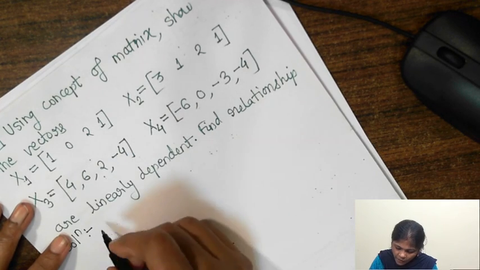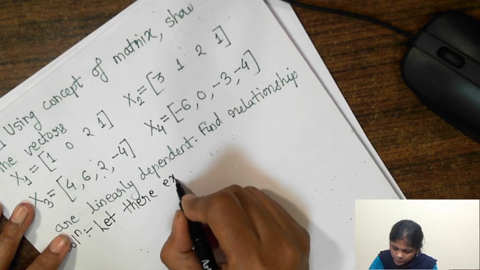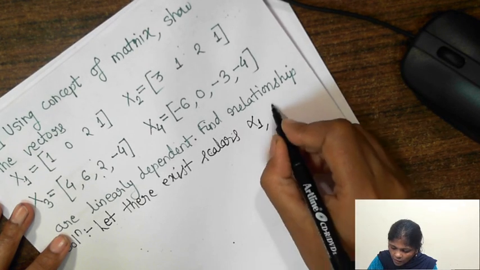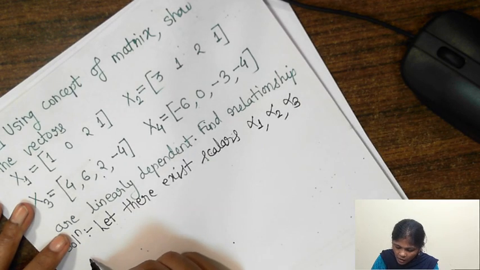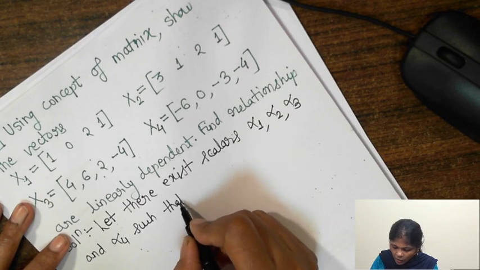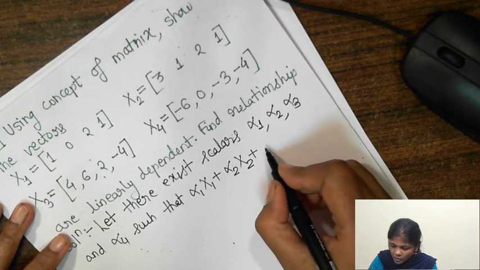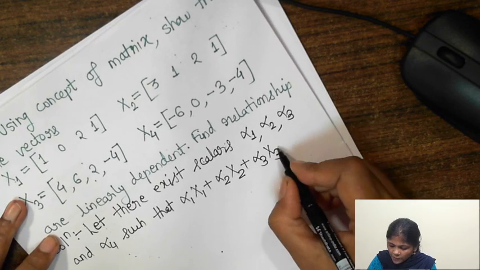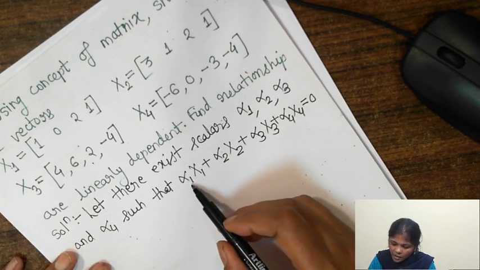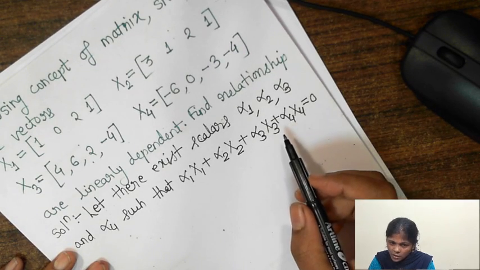Here 4 vectors are given, so let there exist 4 scalars alpha 1, alpha 2, alpha 3 and alpha 4 such that alpha 1 x1 plus alpha 2 x2 plus alpha 3 x3 plus alpha 4 x4 is equal to 0. Our aim is to find out whether alpha 1, alpha 2, alpha 3, alpha 4 are 0 or non-zero.